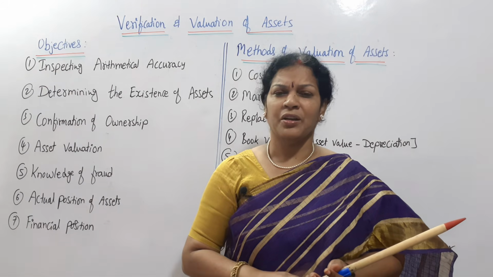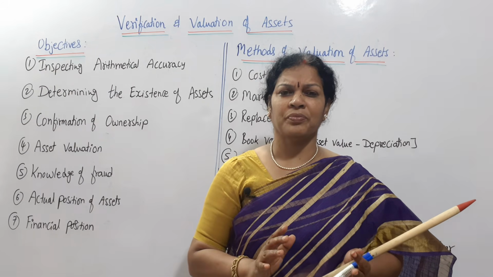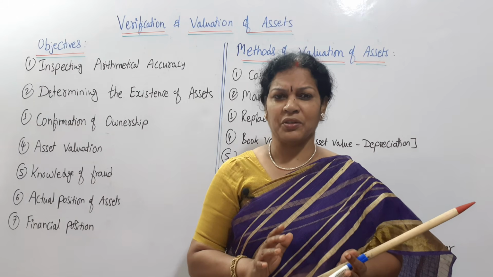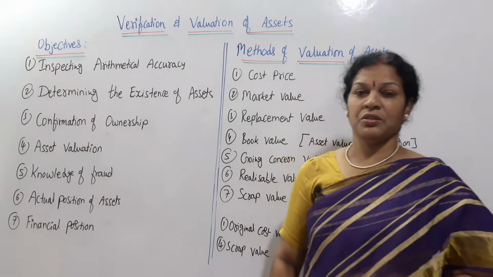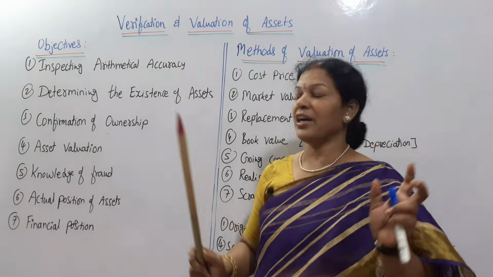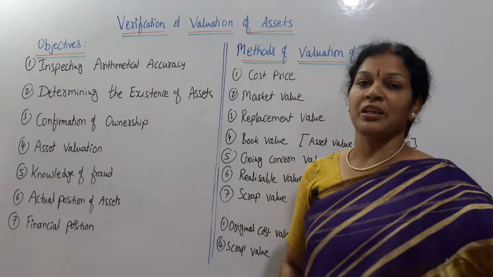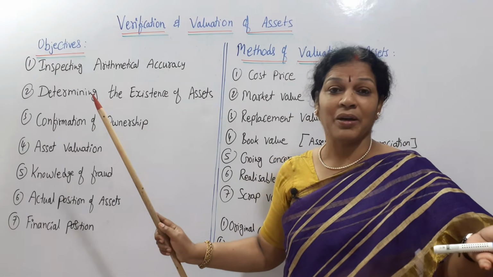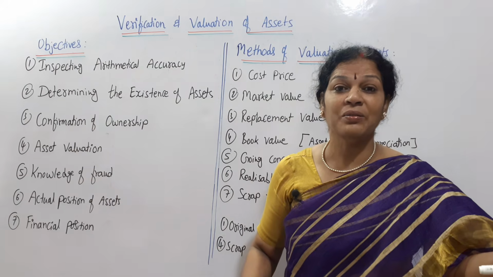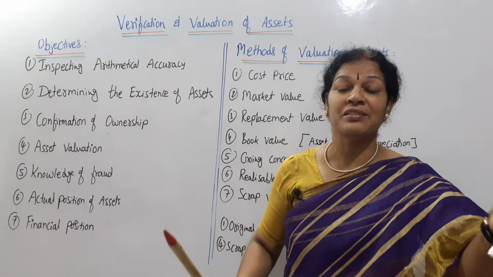Verification, valuation. Now if you see the objects, what are the objects of verification of assets and liabilities together? These are the main objects. First thing is inspecting arithmetical accuracy. Inspecting arithmetical accuracy means value. The value of the asset should reflect as it is.